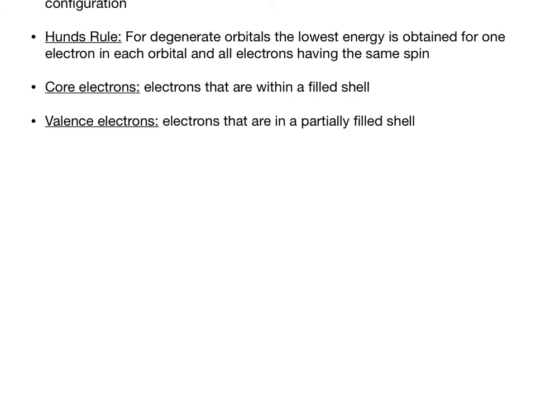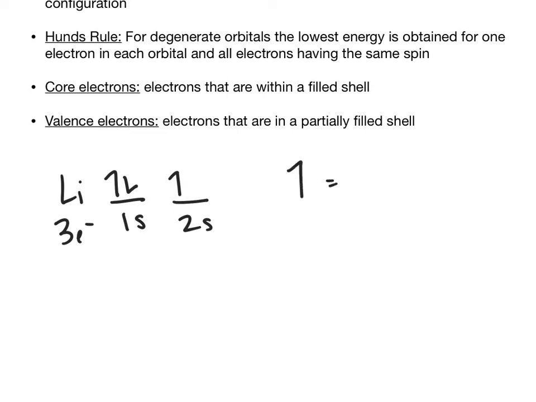But as we add electrons, so for lithium, it has 3 electrons. And the orbitals are the 1s and the 2s. And so when we fill electrons, we put 1 in at a time. Each one of these is equal to 1 electron. You'll notice that mine are single barbed arrows.